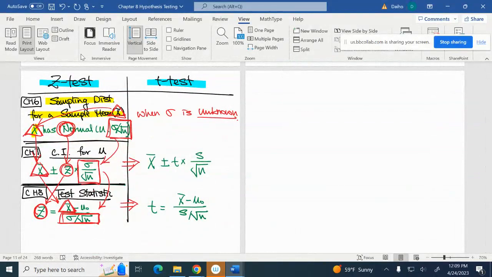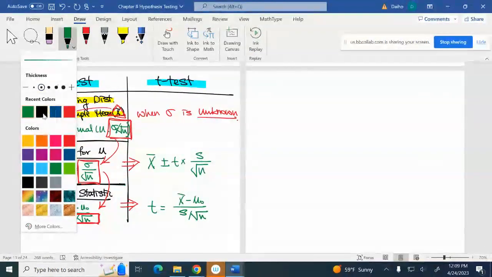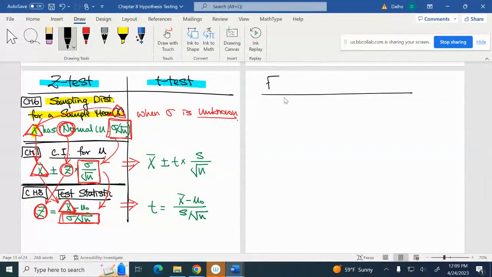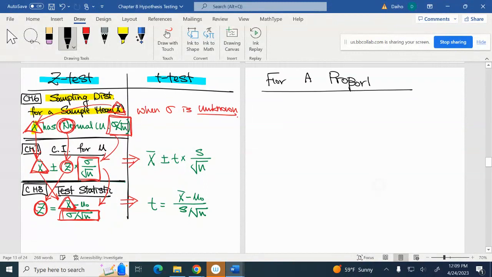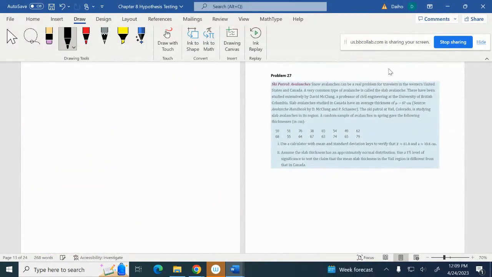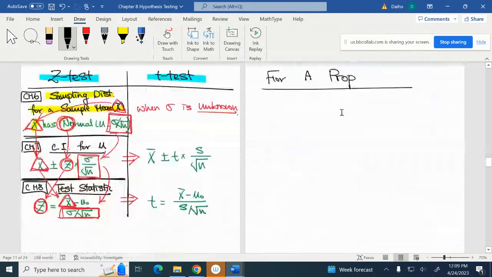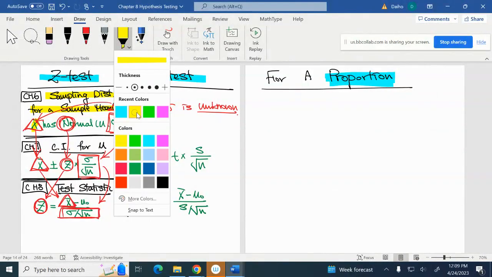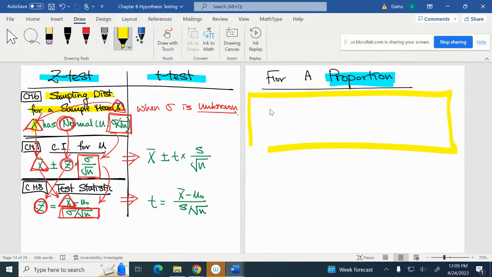Okay, on the right hand side, today we are going to discuss the proportion. I'm going to give you a sampling distribution.